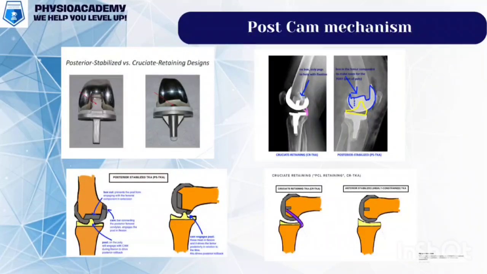As you can see on the X-ray also, you can identify whether the post-cam mechanism, that is PCL retaining or PCL excising type of surgery, has been done, and which type of implant is present. Why do we need to understand this? Whether the PCL is retained or excised, we can get an idea, and accordingly we can proceed with the physiotherapy rehabilitation.